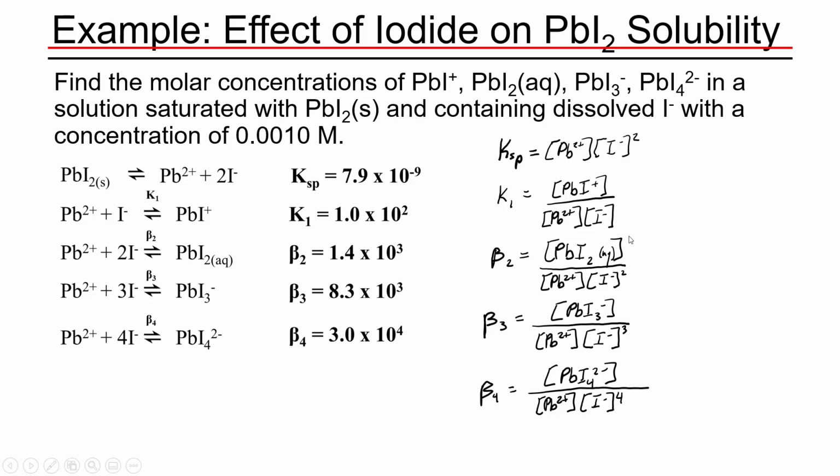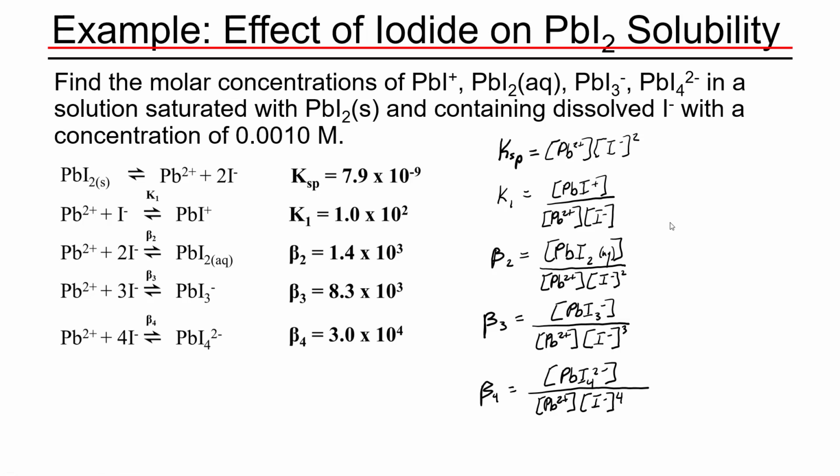And so this is the power of the beta values: if we have a complete list of our related equilibria, we can use the KSP to solve for the Pb2 plus, and we'll know the I minus concentration because it's given to us under the statement of conditions. So then we can use all of these other equilibrium constants directly to calculate the concentration of any of the other lead iodide complexes or complex ions.